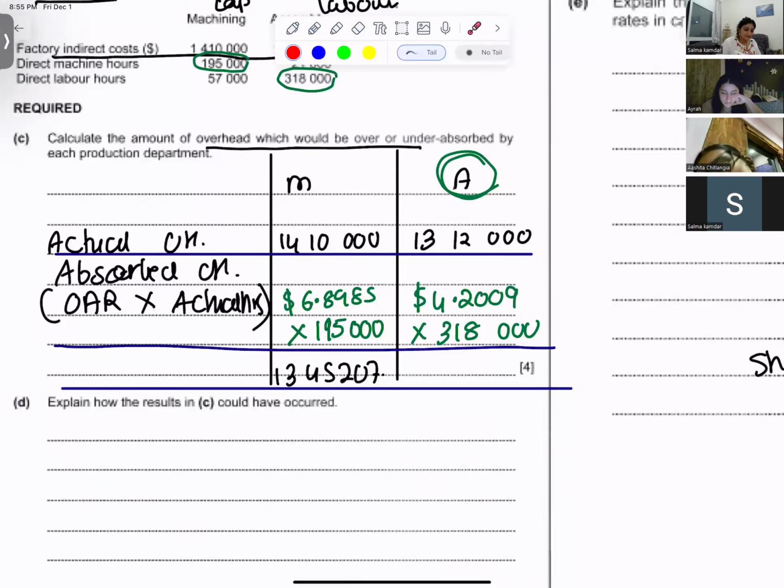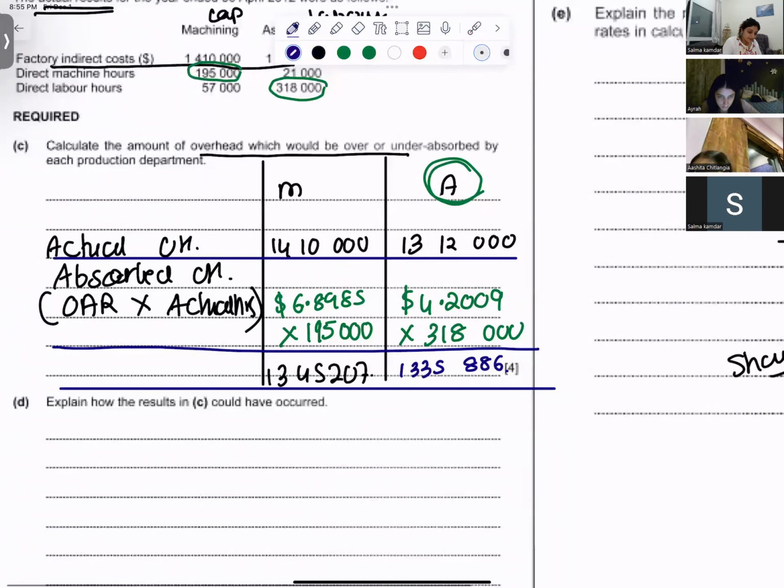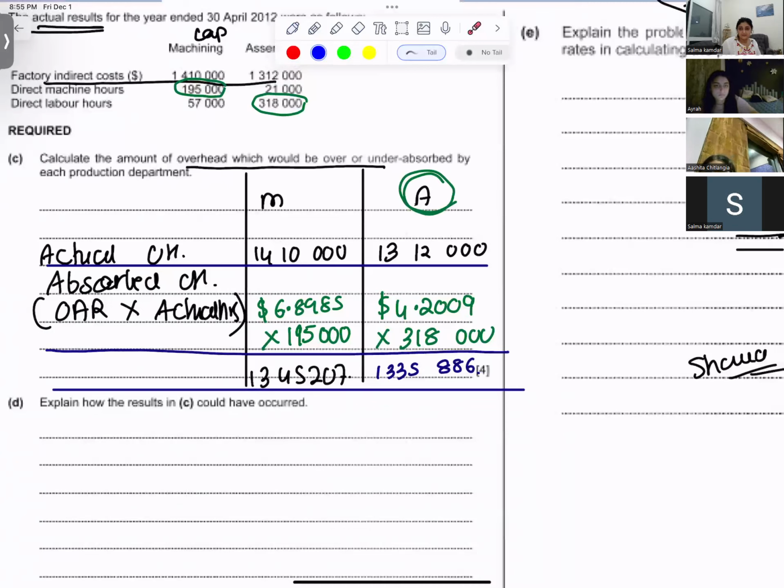Because I lost my other calculator in school. 1335886. I got this. 1335886. Okay, fine. Now come on. See, same or wrong? Same. Okay, now tell me.